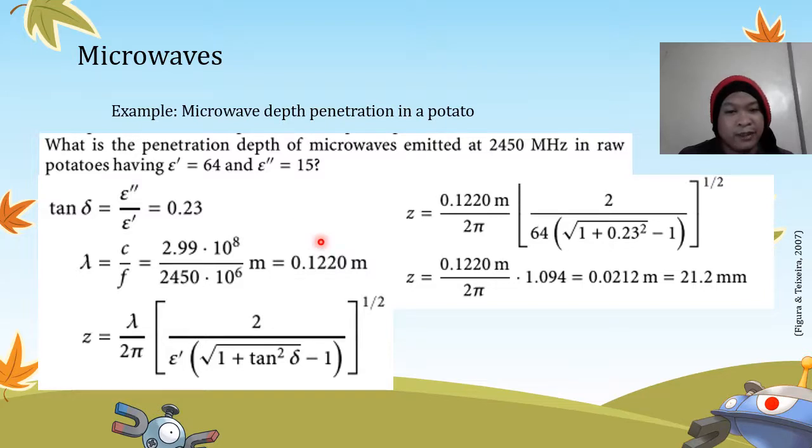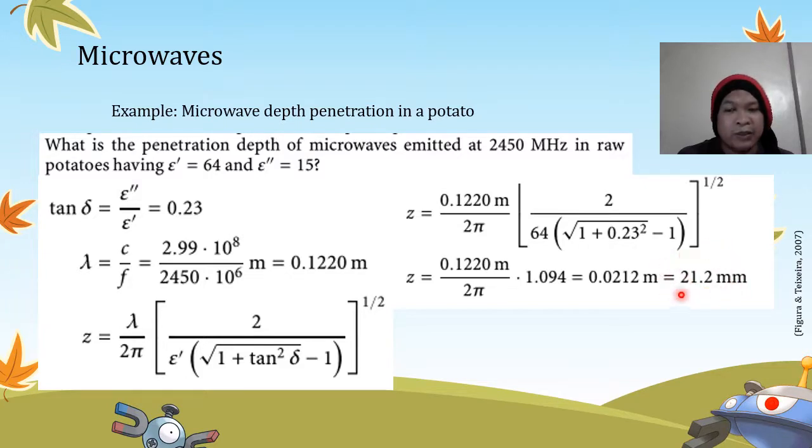Alright, so tama ba? A bit more than 4 inches. Alright, so we can calculate for the z based on inputting the givens. And that would give us a z value of 21.22 millimeters. Less than 1 inch ito, no?